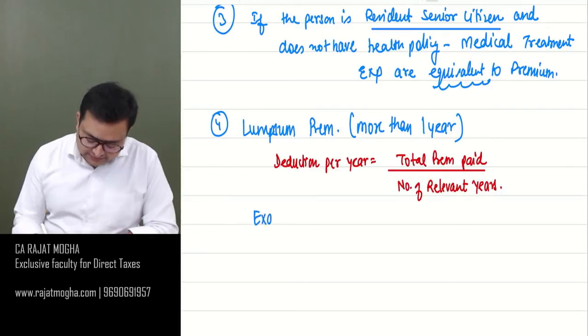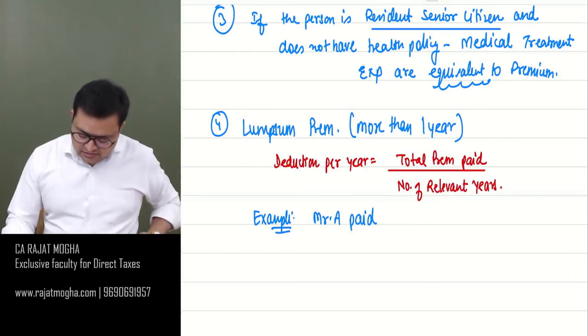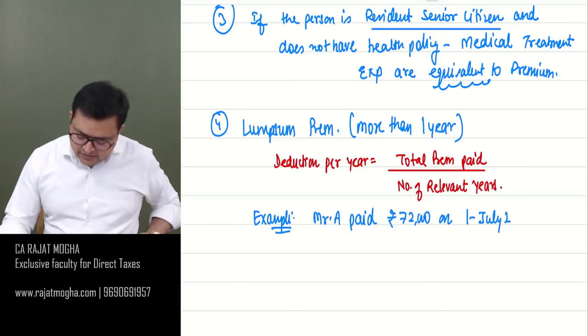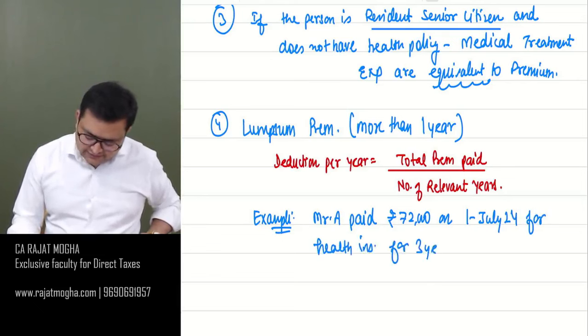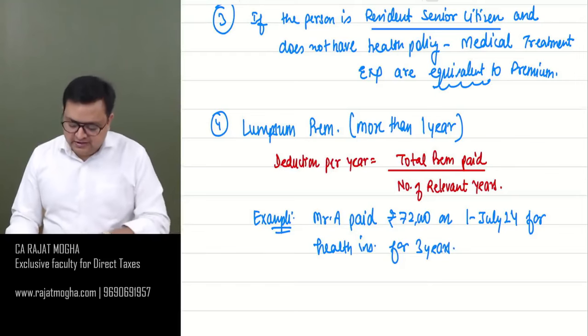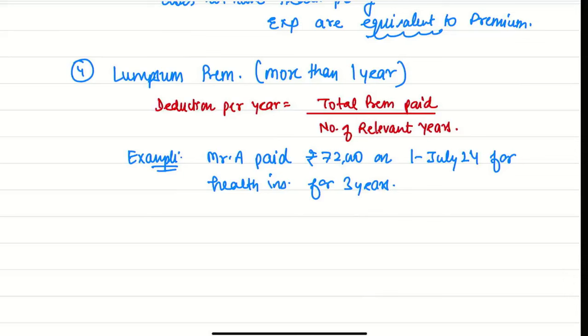Example: Mr. A paid rupees 72,000 on 1st July 24 for health insurance for 3 years. He has paid 72,000 rupees as health insurance and he has taken a policy for 3 years. It's a lump sum payment for more than 1 year.